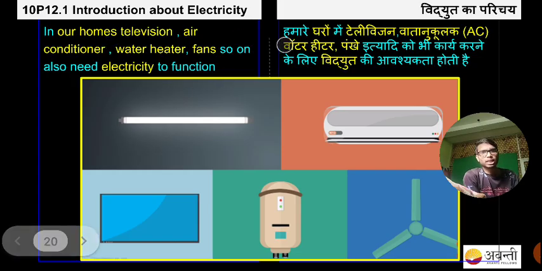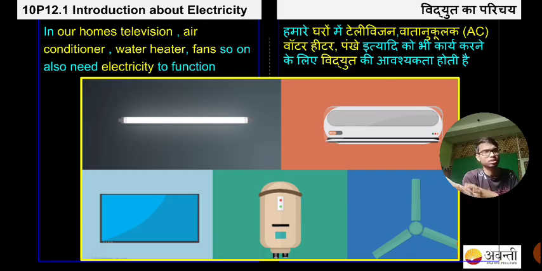In our homes, a television, air conditioner, water heater, fans, and so on also need electricity to function. Without electricity, all this will not work at all. We are aware of it already. All these are devices that need electricity to function.